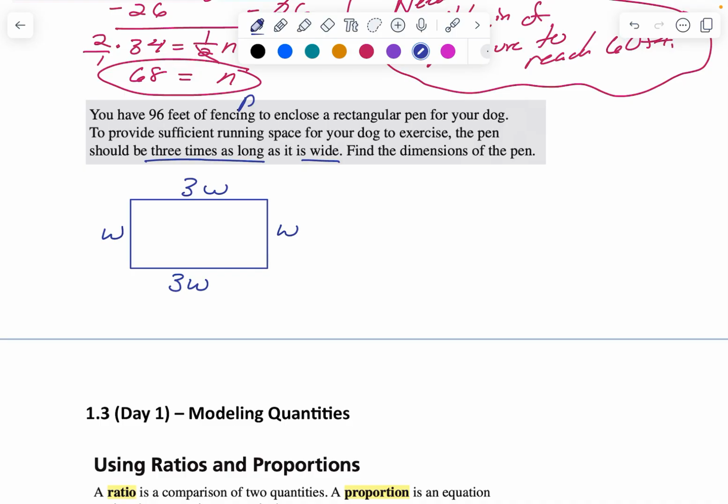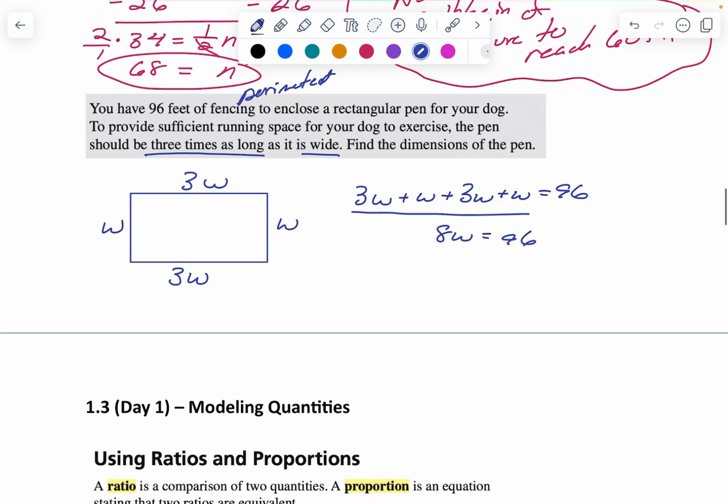That is a perimeter, if you remember that from grade school. Perimeter's all the way around. And so what we need here is 3W plus W plus 3W plus W has to be equal to 96. Combining like terms, all of them, we're going to get 8W equals 96.